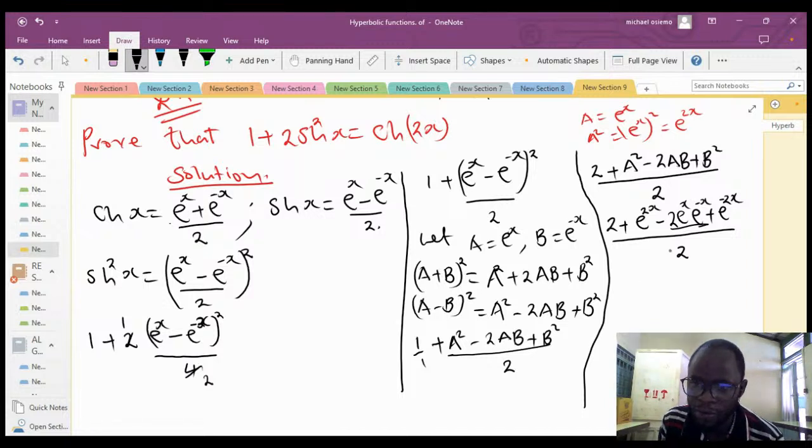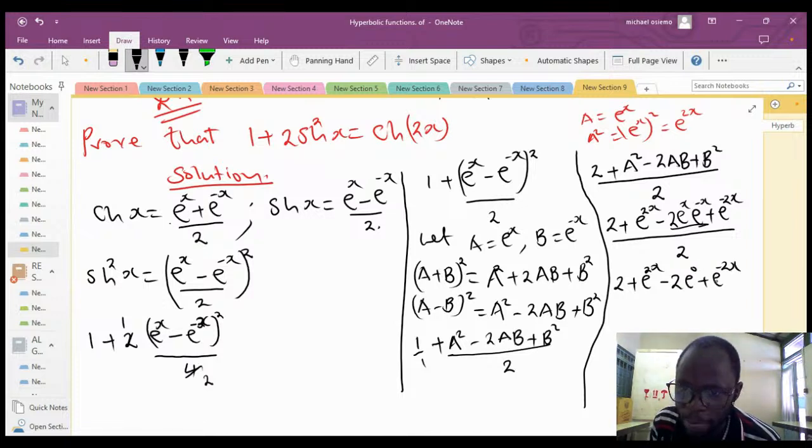So we have exponential x multiplied by exponential negative x. We add the powers, and x plus negative x will be 0. So we're going to have 2 plus exponential 2x, then minus 2 exponential 0 plus exponential negative 2x, and all this over 2.